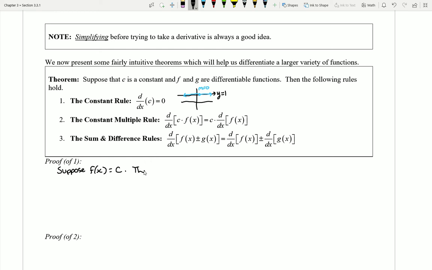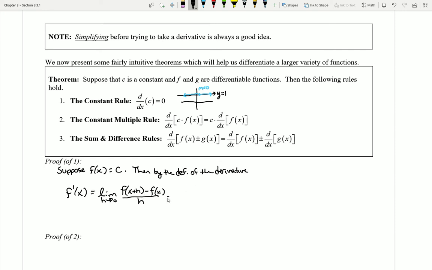So then, by the definition of the derivative, I could see that f prime of x has to be equal to the limit as h approaches 0, remember, of f of x plus h minus f of x all over h.